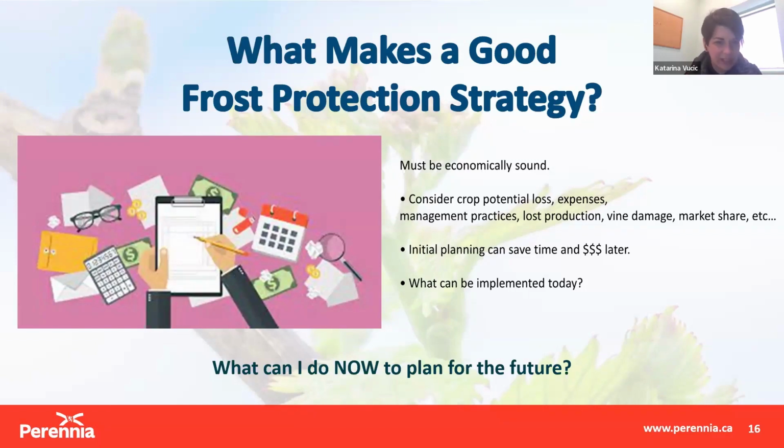So again, weather data, topographic information, personal observations from past conditions, your vine management records, vine age, previous damage, all of those things are very important when you're planning your strategies and combining all of these things to actually see what works best for you.